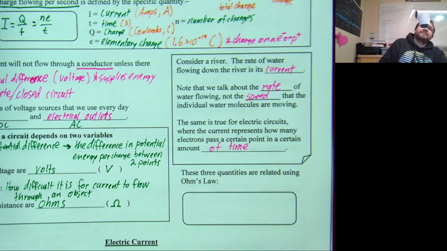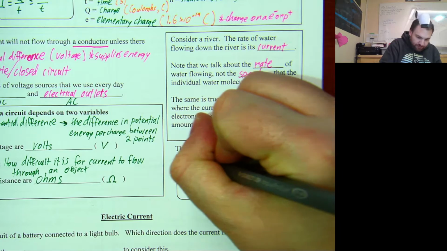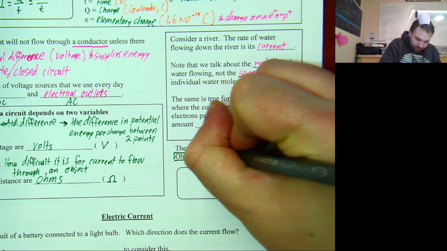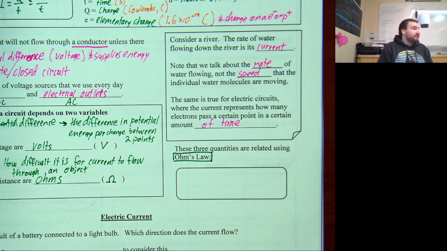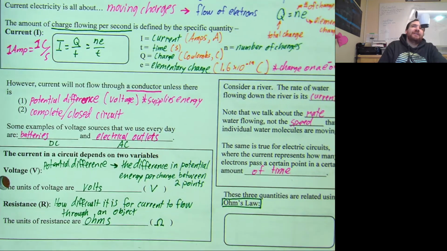So now putting this all together, we get something called Ohm's law, which you're supposed to learn in grade 9, but lots of teachers don't because there's so few physics teachers that actually teach Science 9. Ohm's law is a relationship between voltage, resistance, and current.